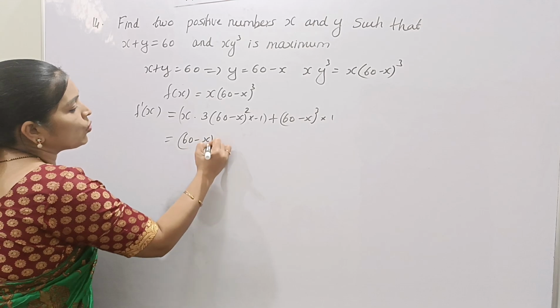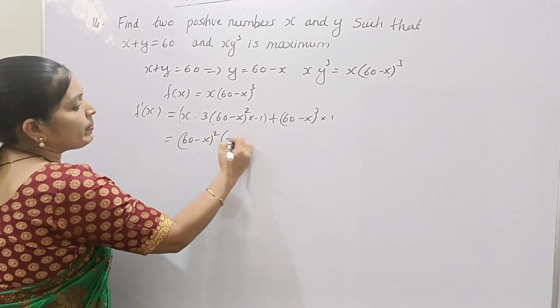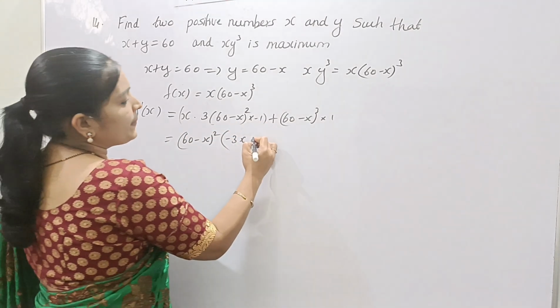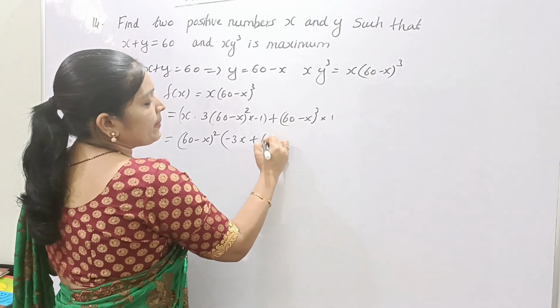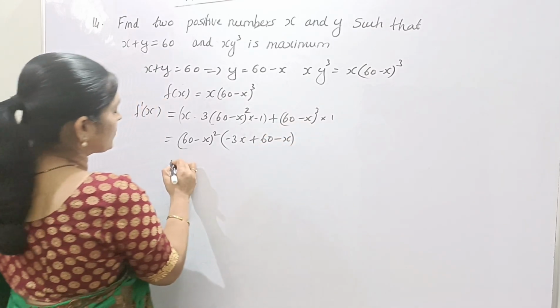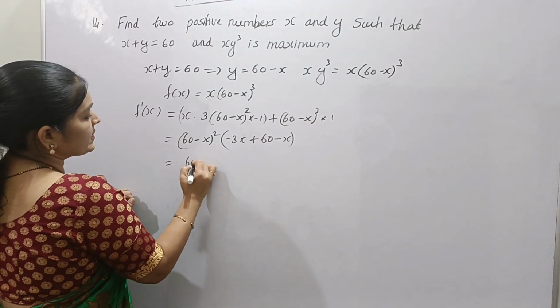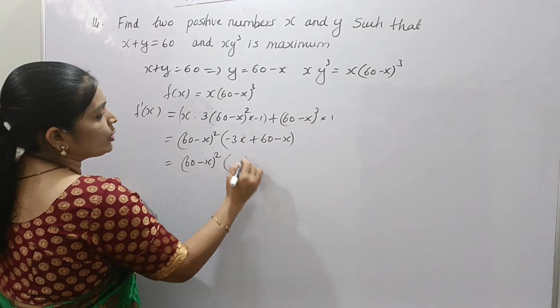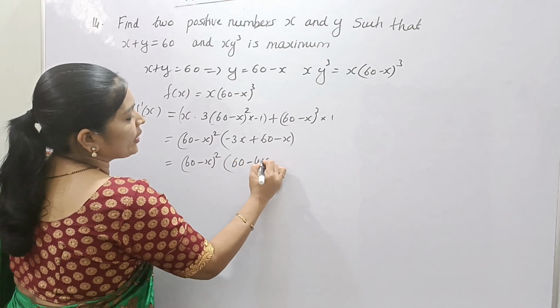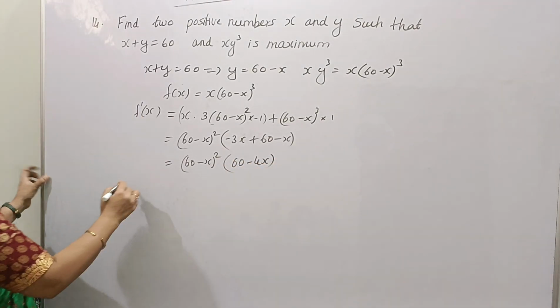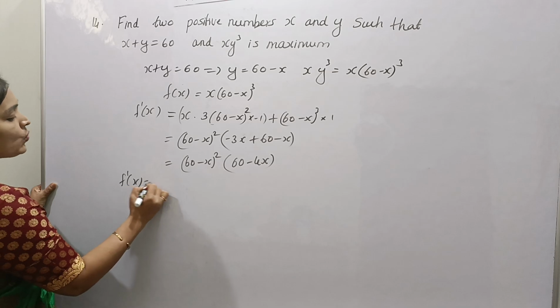The remaining is −3x + 60 − x, so f'(x) = (60 − x)²(60 − 4x).